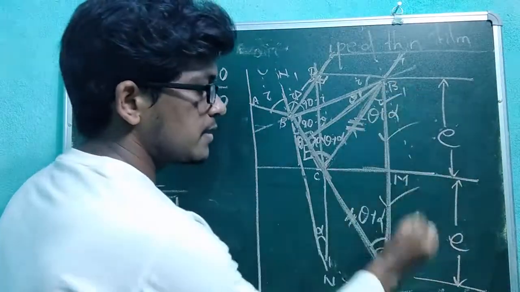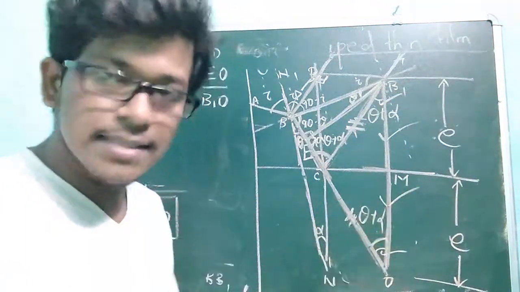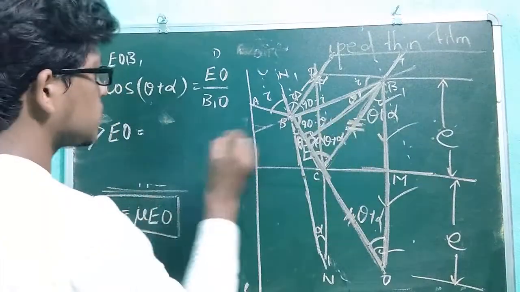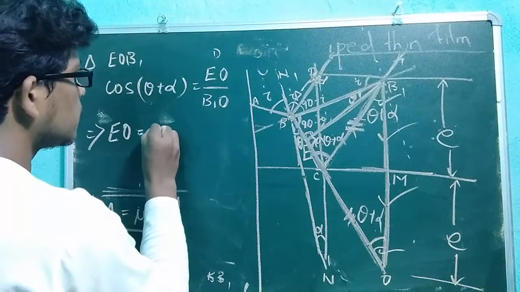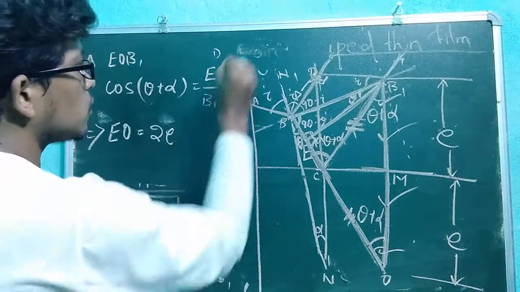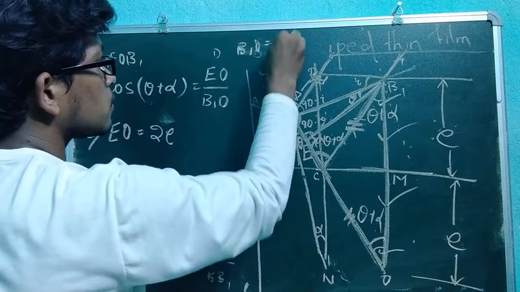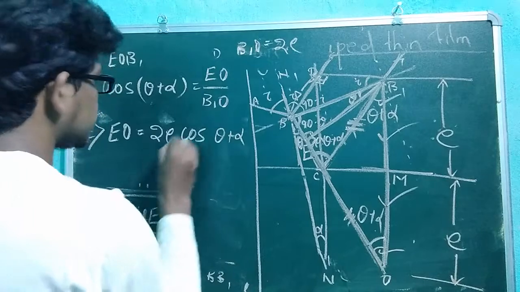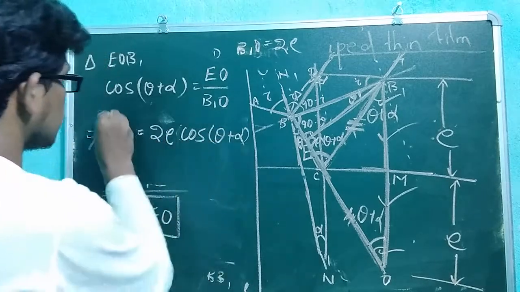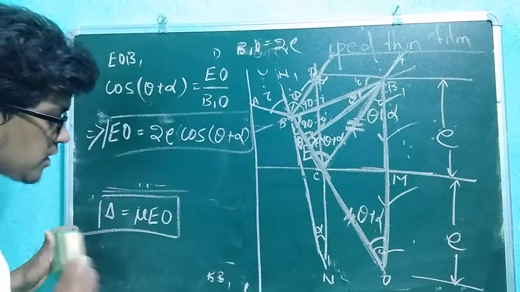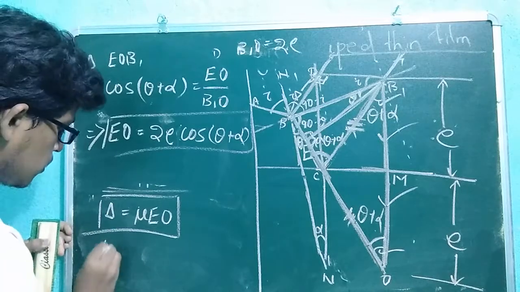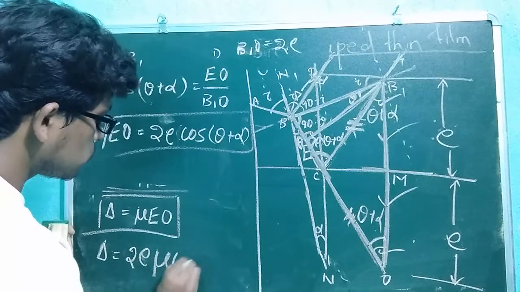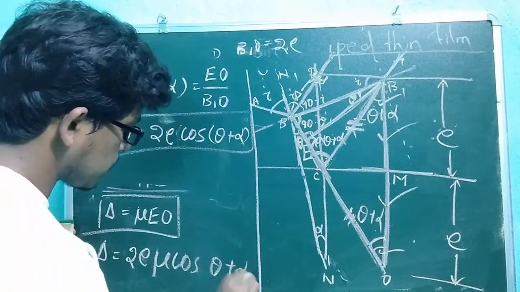I had already told why this is E, this is E. So B1O equals 2E, and cos theta plus alpha. If I put this value in EO, your delta will be 2E mu cos theta plus alpha.